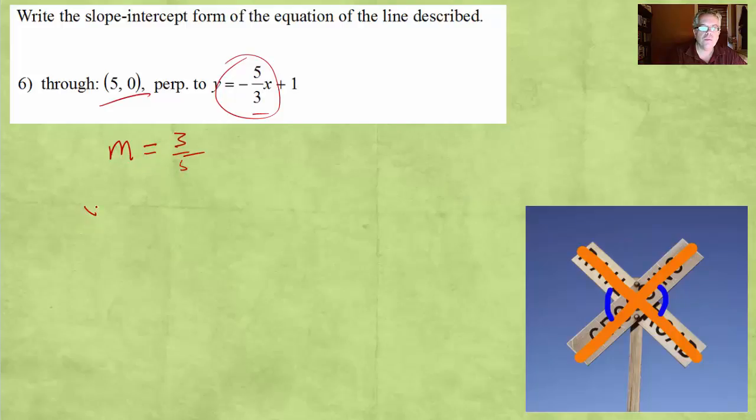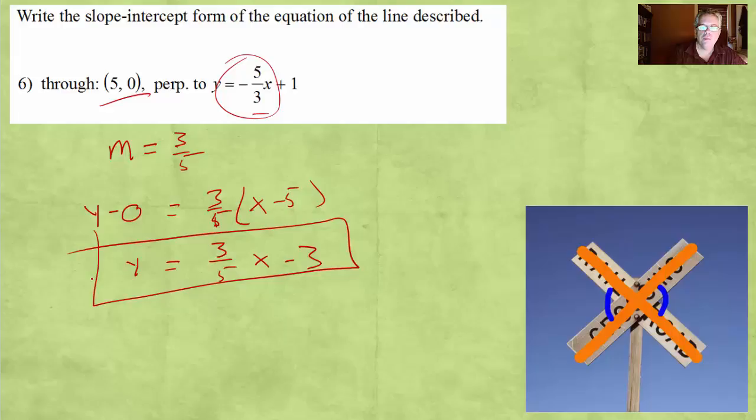All right, here we go. y minus y1, which is 0, equals m, 3/5, times x minus 5. So that's just y equals 3/5 x minus 3, because 3/5 times 5 is 3. Oh, we're done. There's nothing else to do.